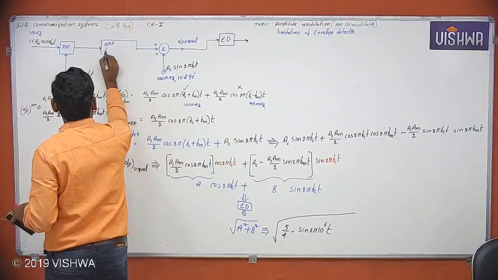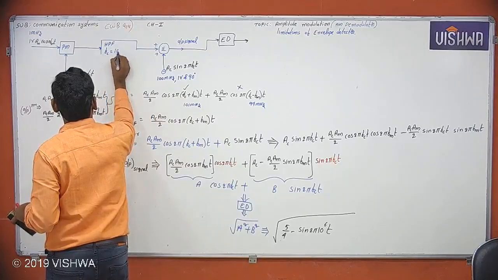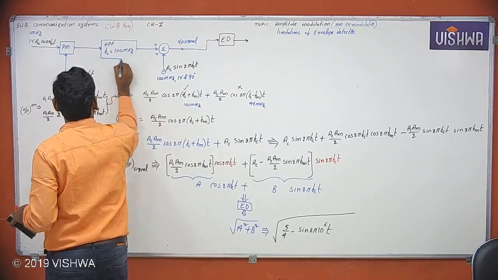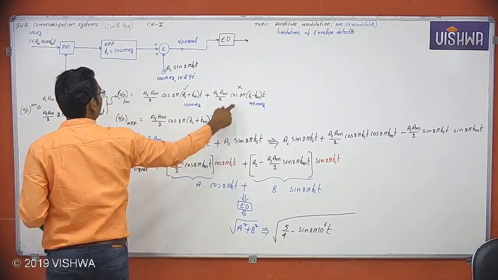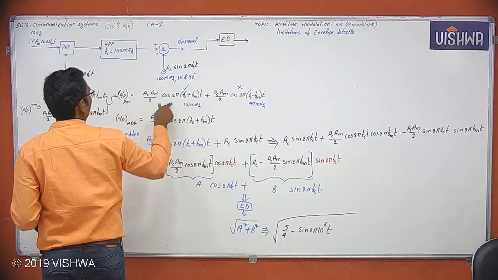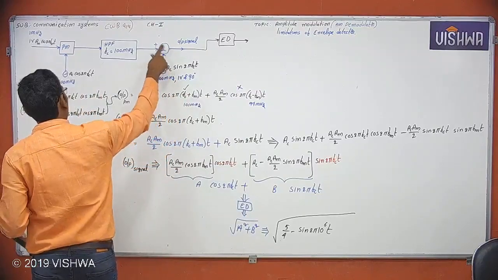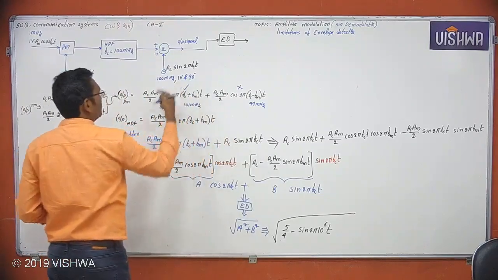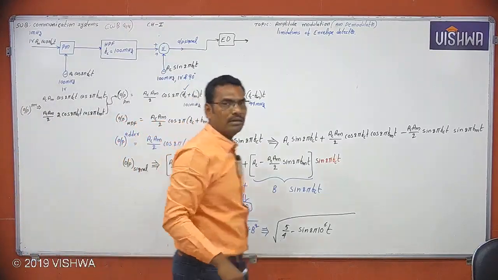The high pass filter cutoff frequency is given as 100 megahertz. Therefore, the frequencies less than this cutoff frequency are eliminated. The frequencies greater than this cutoff frequency are accepted, and then added to the signal in the adder, and this goes to the envelope detector.